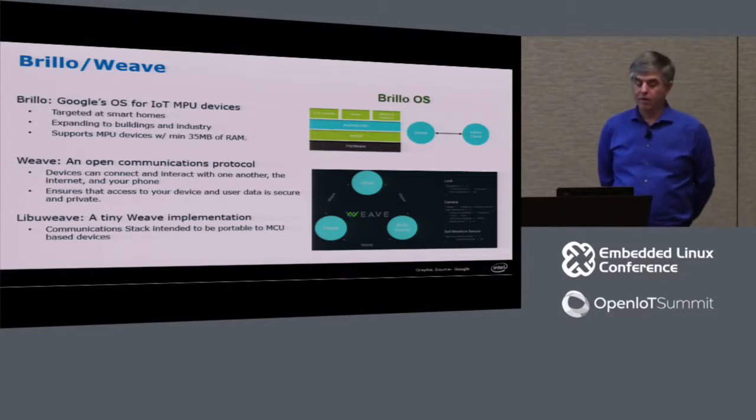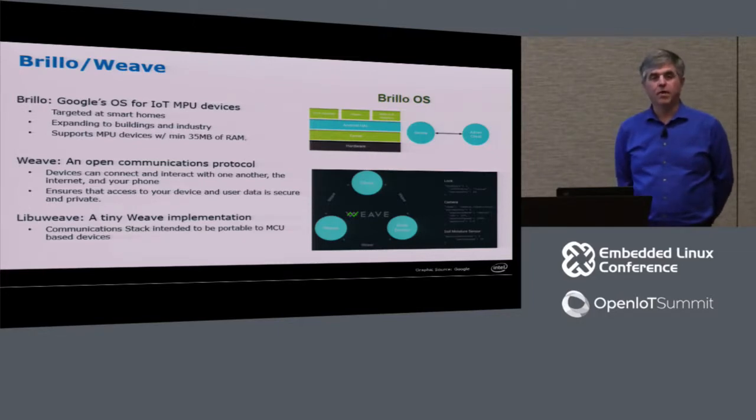And in the middle there is Weave itself, or libweave, which is part of the Brillo operating system. It's shipped with the Brillo operating system and provides your Weave functionality in daemons and really the whole network connectivity layer that you need to talk to the web, to the cloud, from the Brillo operating system.